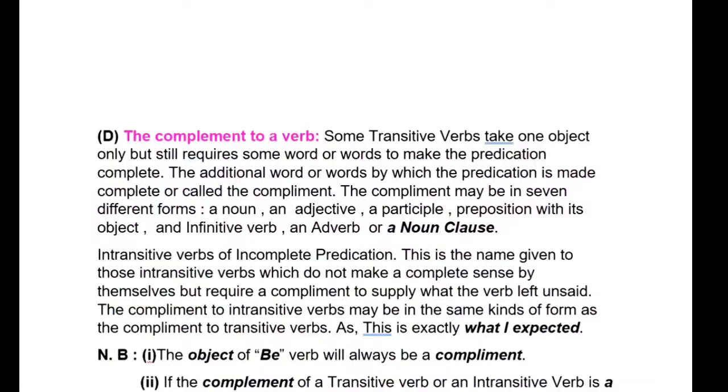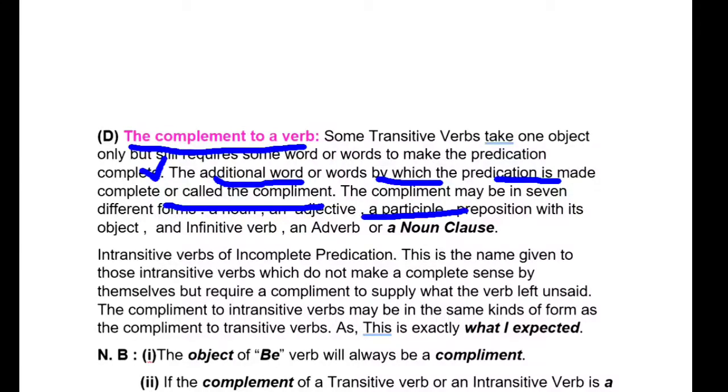Now the next part is the complement to a verb. It is very interesting. What is a complement? At first we have to know what a complement is. Listen, some transitive verbs take one object but require some words or modes to make the predication complete. Sometimes these additional words by which the predication is made complete are called the complement.